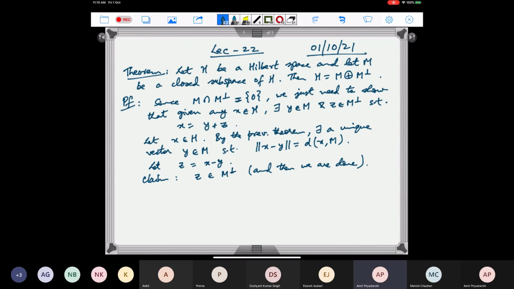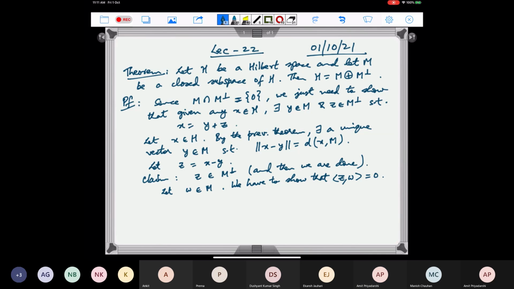So what do we have to do to show that z is in M perp? Then z should be orthogonal to every vector in M. So let w be any vector in M. We have to show that the inner product of z with w is equal to 0. So let us write this inner product z, w. This is some complex number.